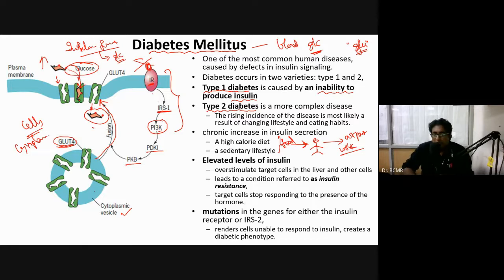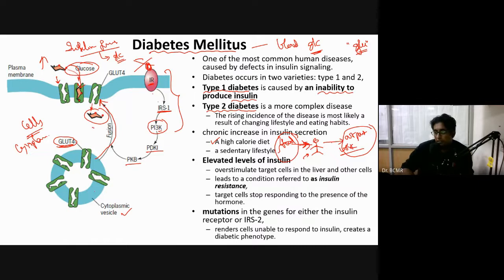We are eating food because we are hungry, because others are eating, because we are bored, because there is food. That much food is constantly available to us. And we are shooting our blood with a lot of glucose all the time, and the pancreas is producing insulin all the time, but we are not spending it because of our sedentary lifestyle.